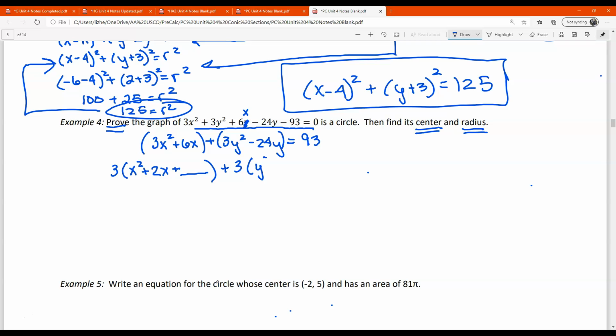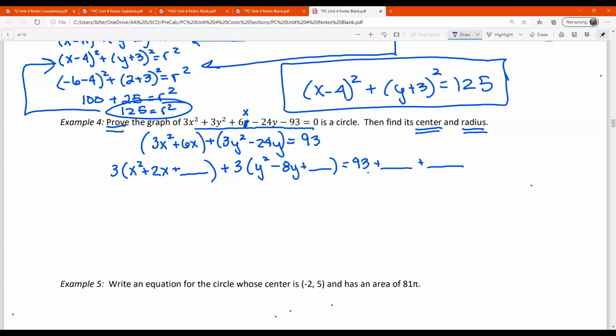I'm left with y squared minus 8y, and I leave a space for completing the square, equals 93. And then I'm going to write down plus, because I know I'm completing the square 2 times, and I'm going to have to add both of those values to the other side. And I write down those blanks just to make sure I remember to fill them in.